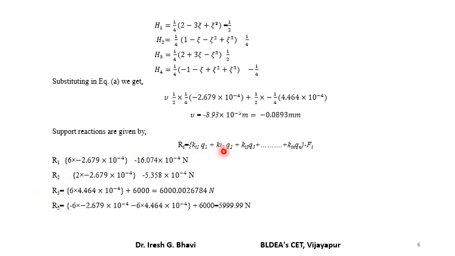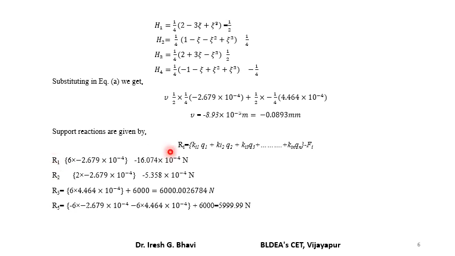The equation for support reactions is given by the equilibrium equation, that is Ri is equal to the rows which we have eliminated in K into Q equal to F, that is Ri equal to Ki1 into Q1 plus Ki2 into Q2 plus Ki3 into Q3 plus up to Kin into Qn minus Fi, where n is the number of degrees of freedom in the problem.